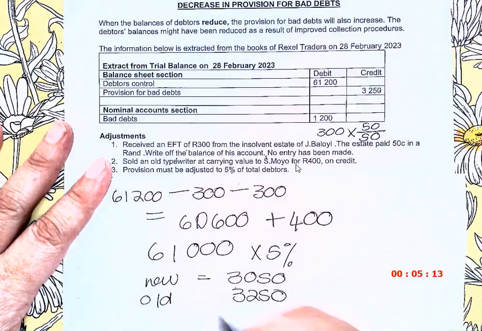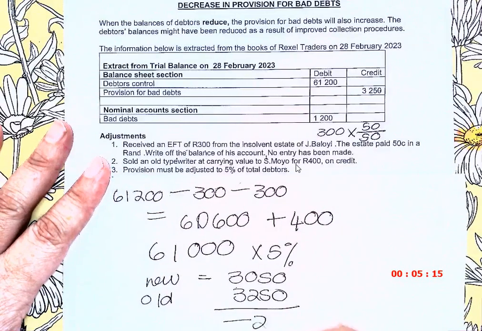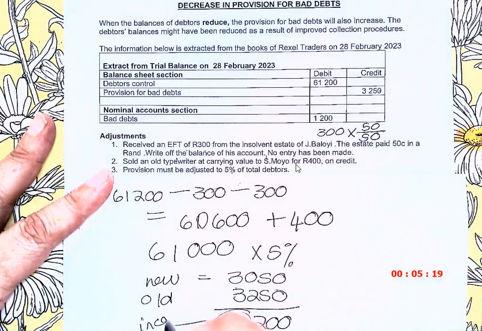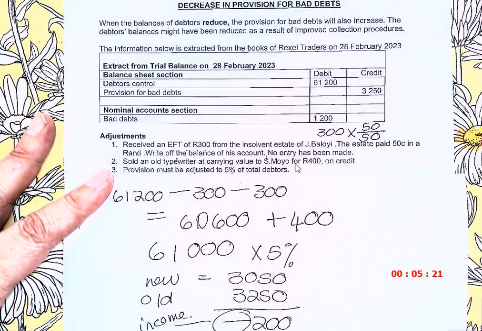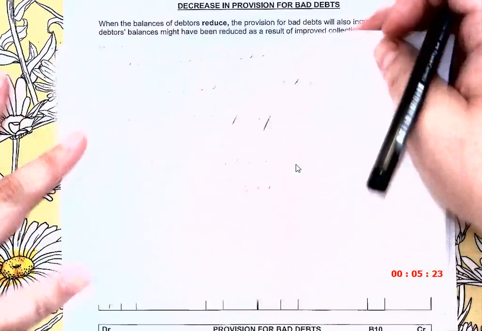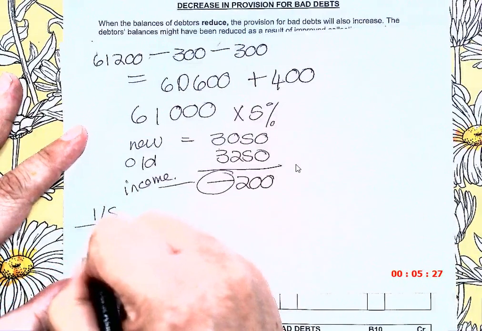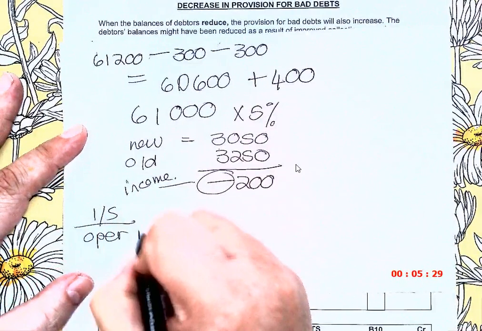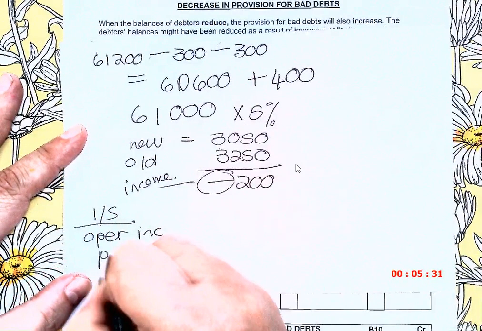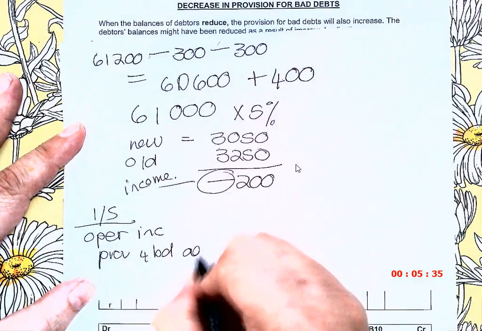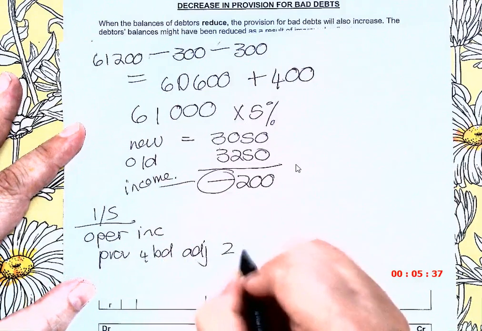So can you see this is going to give me minus 200, making this an income. Okay. So in my income statement under operating income, I will have provision for bad debts adjustment 200.